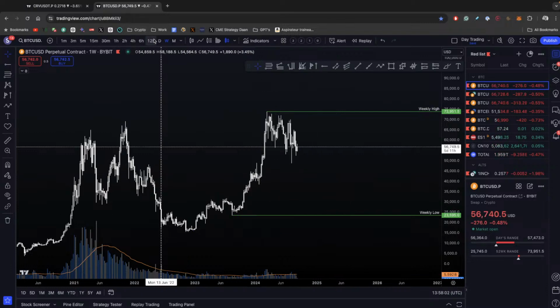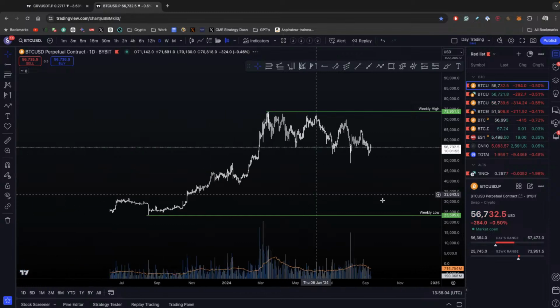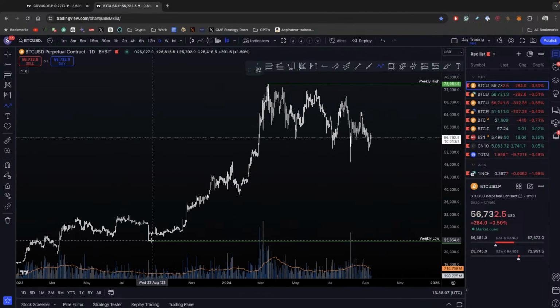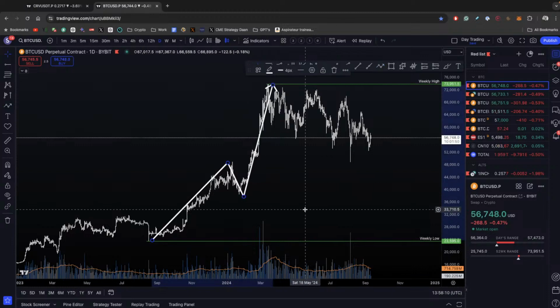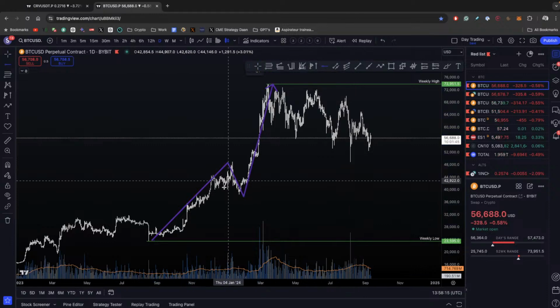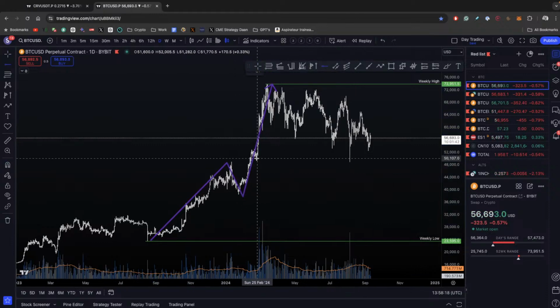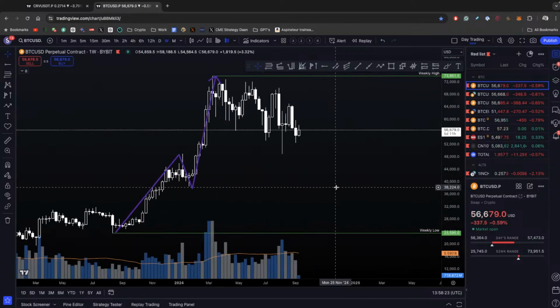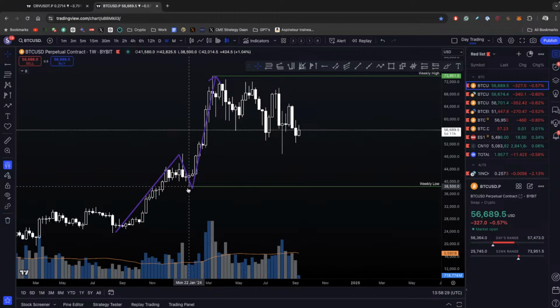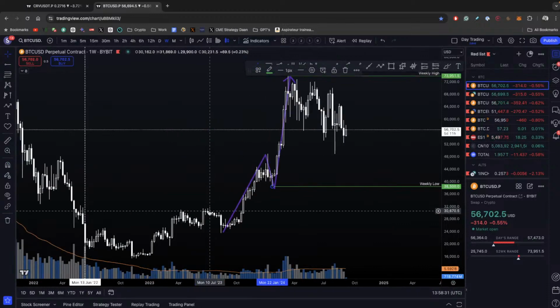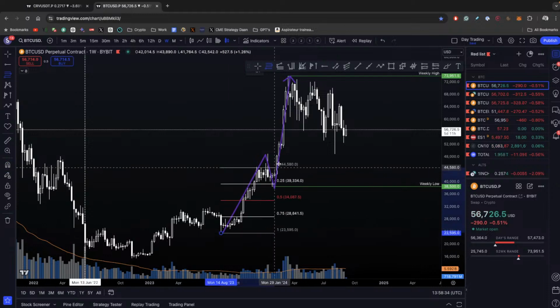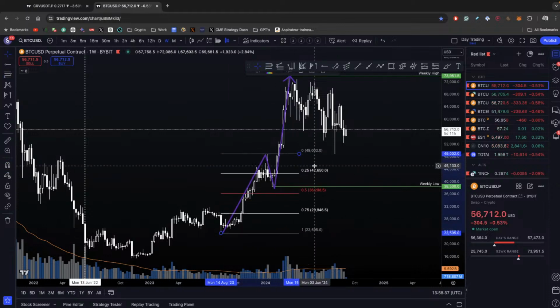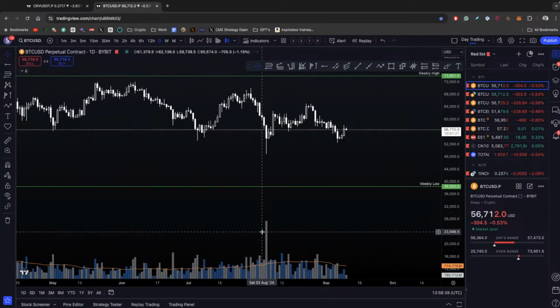Then if I go to the daily, what I see is this right here, market structure, which means the daily low is actually, let me change that. I think it was zoomed out too much. I think you can take this as the weekly low. Yeah, you can. That's enough of a retrace for my system.